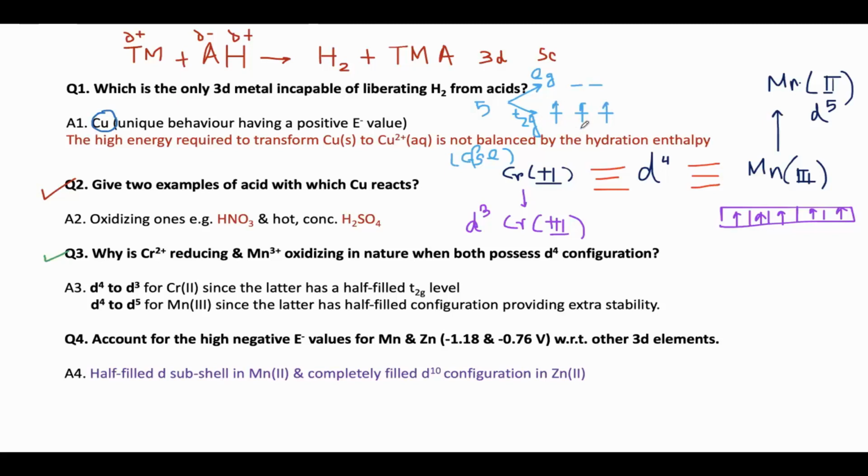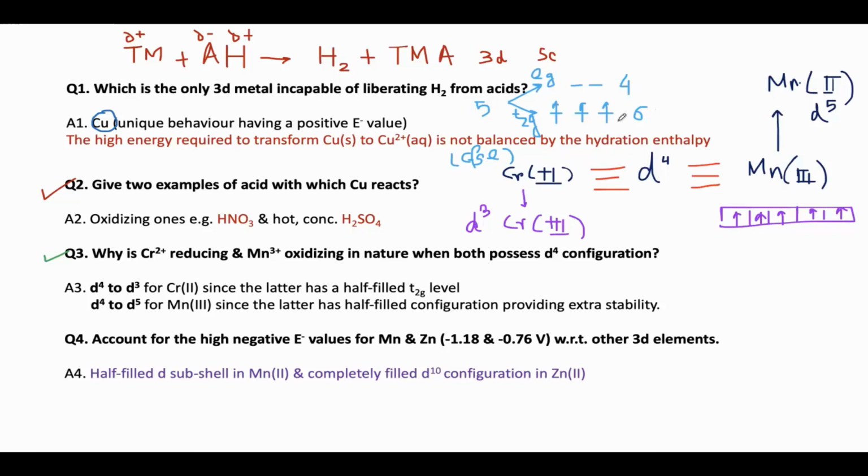Now this t2g3 configuration is actually half-filled, because you see in this case 3 orbitals are there, so at most they can accommodate 6 electrons. And we have 2 orbitals here where at most we can attain 4 electrons. So t2g3 is actually half of 6.